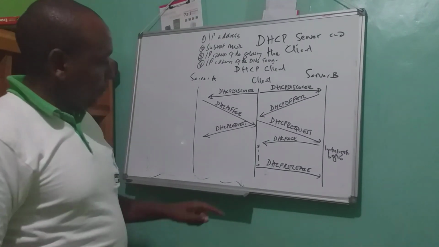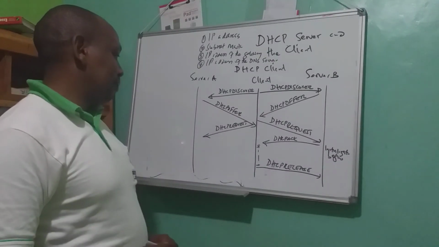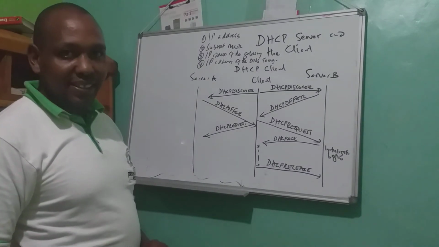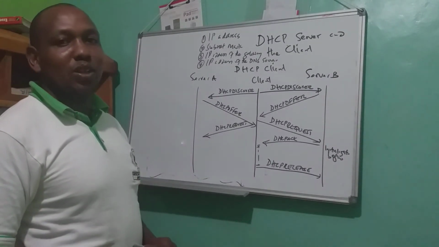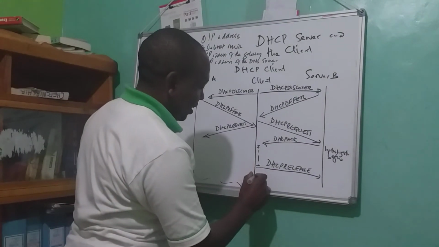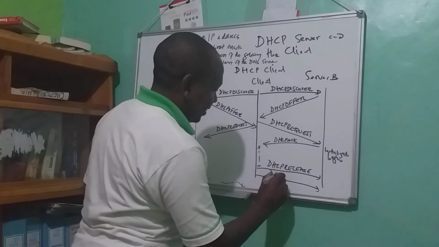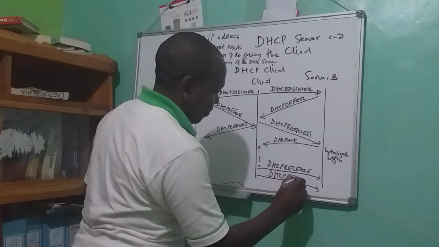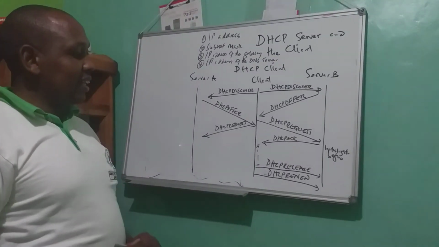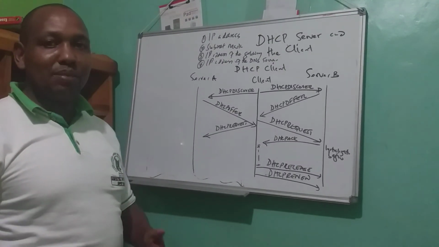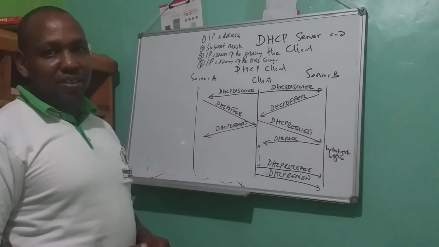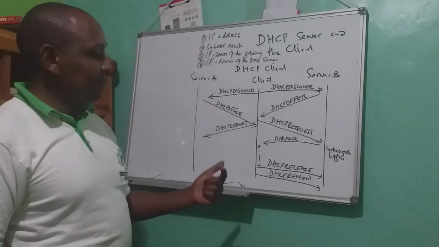Now, in case the time of lease ends and the client still requires the same parameters, it can issue the message DHCP renew. That means that the time of lease has ended, but I still need these parameters because I'm still connected to the network. This renew happens without the knowledge of the user. The user will not even understand because it takes a very short time.